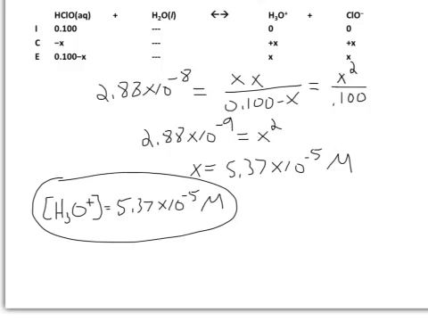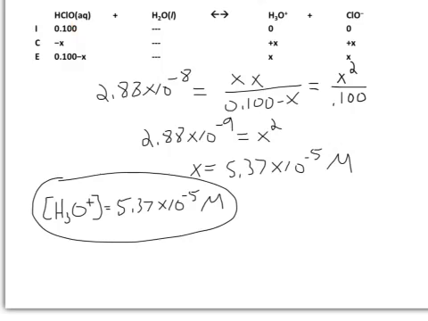But before we do that, whenever we use the K is small approximation to ignore the x in our equation, we want to double check at the end of the problem to make sure that x was in fact small. We want to be sure that the change is less than 5% of the initial concentration.